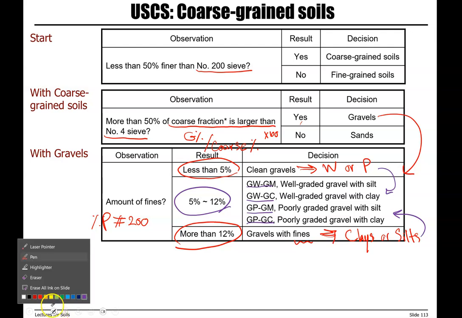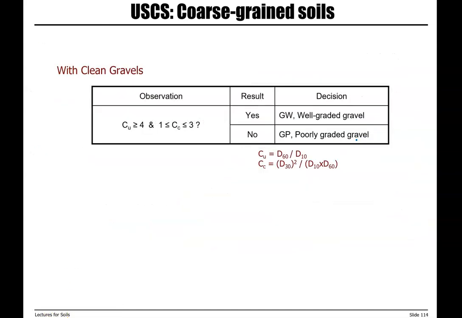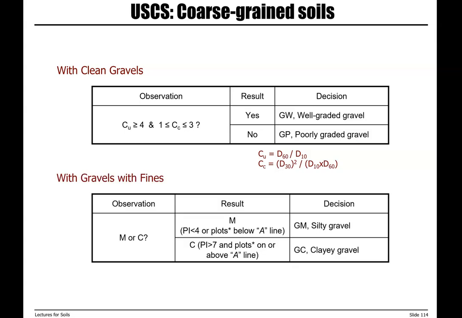If the answer from step 2 was sand, then you need to look at another table. So for gravel, clean gravel, we said that clean gravel means less than 5% fines, then the sample is either well graded or poorly graded.